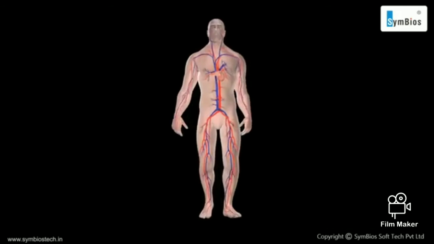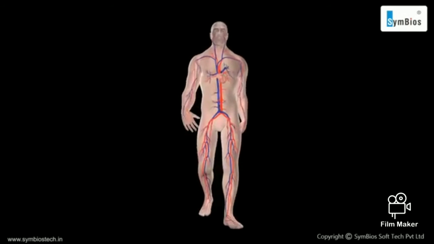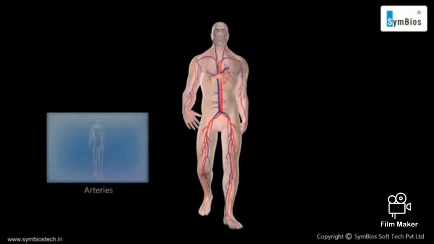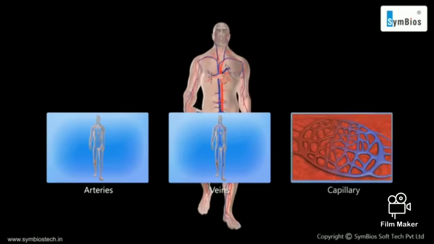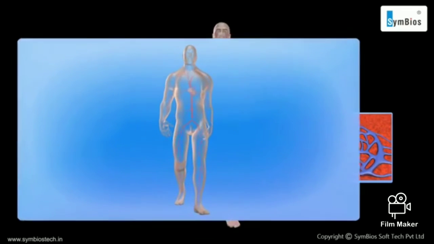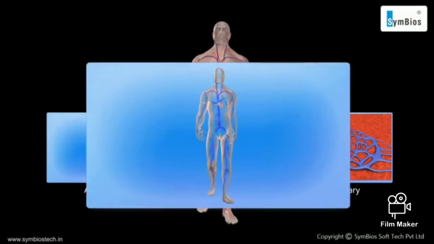Blood vessels are a series of tubes which are attached to the heart, and blood flows through these blood vessels in our body. There are 3 types of blood vessels: arteries, veins, and capillaries. Arteries are the blood vessels which carry oxygenated blood away from the heart.